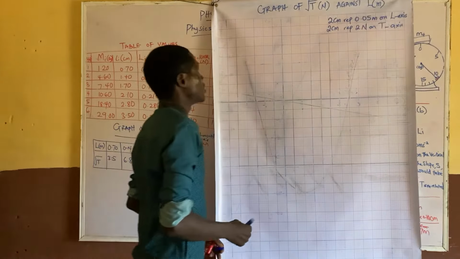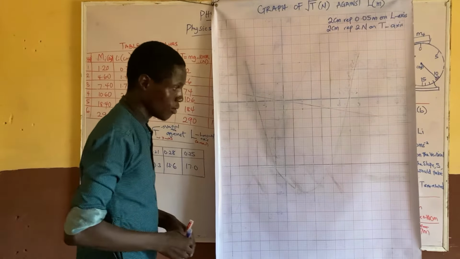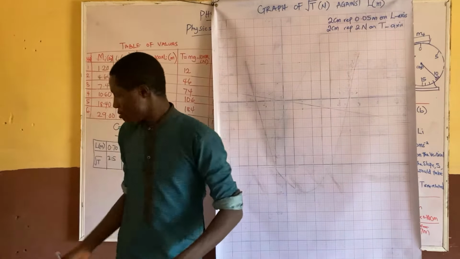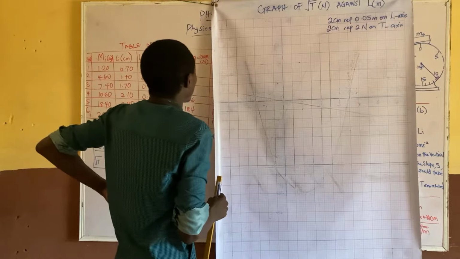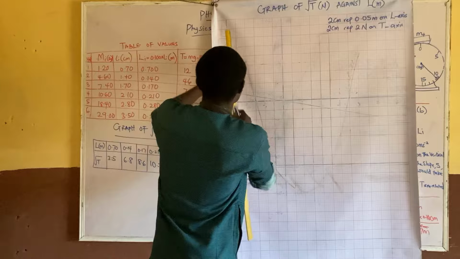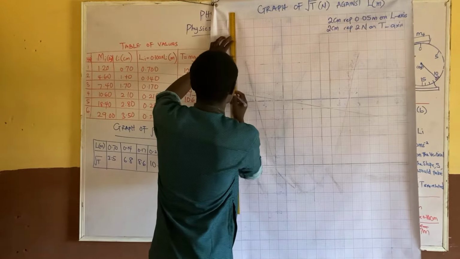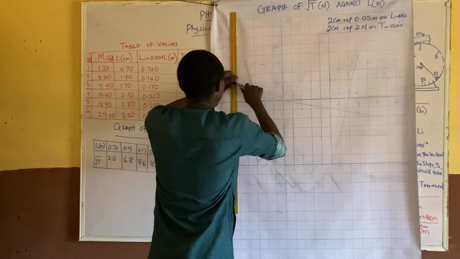Now we can plot our graph. Let's try and plot our graph by drawing the vertical axis.